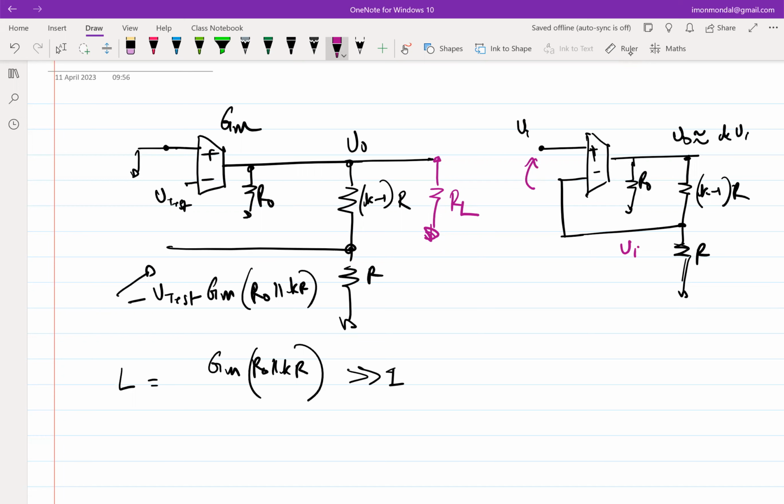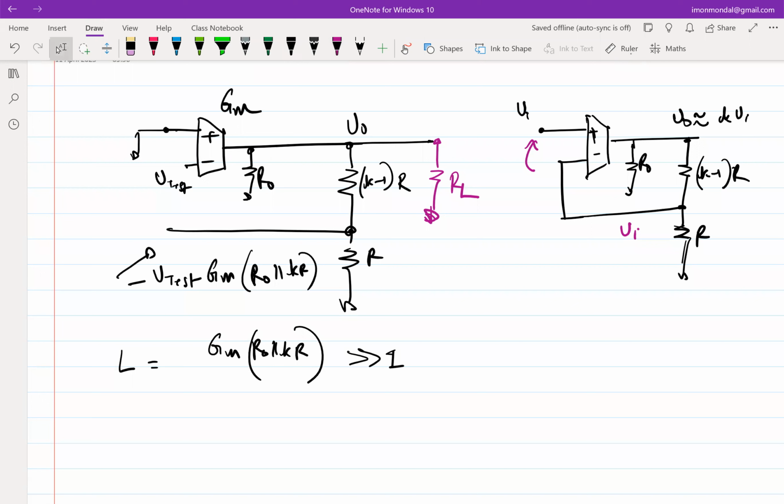Now, after application of RL, what aspect of the loop changed? Let's concentrate on the figure on the left. Loop gain would have changed, right? So essentially your loop gain would have been GM times R0 parallel KR parallel RL.